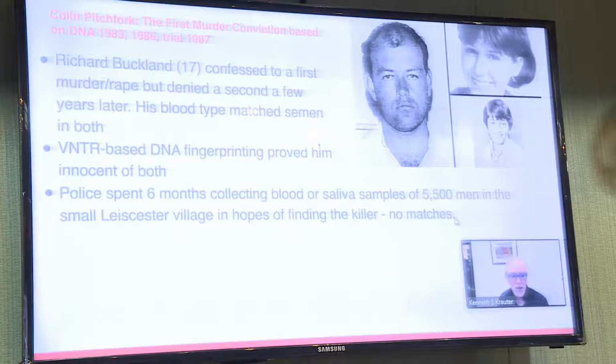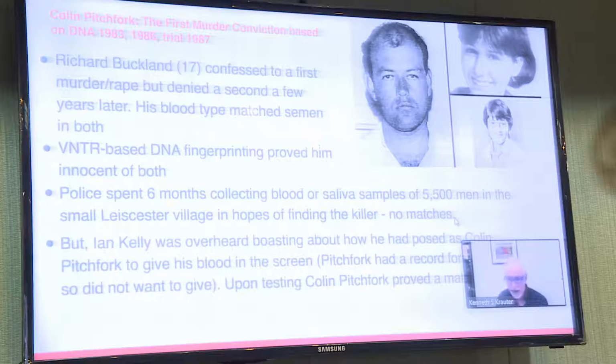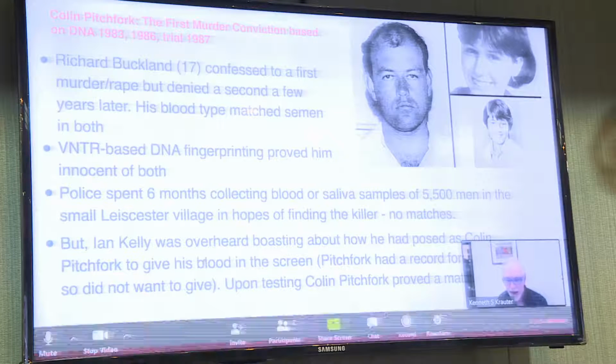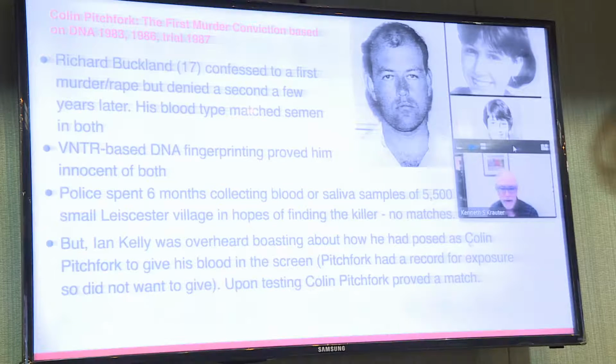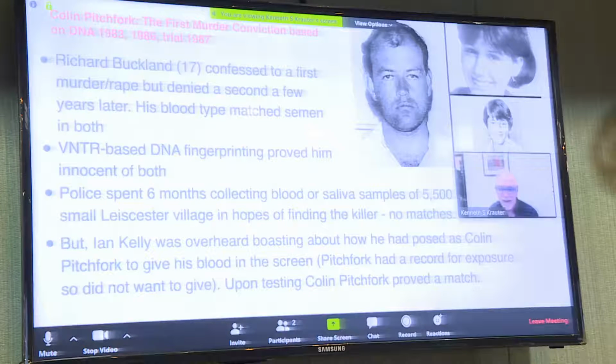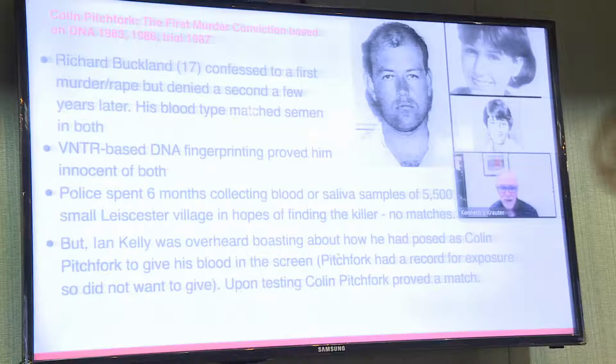It turned out that while this investigation was ongoing, a guy in town who likes hanging out at a bar, named Ian Kelly, overheard that this guy, Colin Pitchfork, got this guy, Richard Buckland, to provide his blood sample for him and claim that his name was Colin Pitchfork.